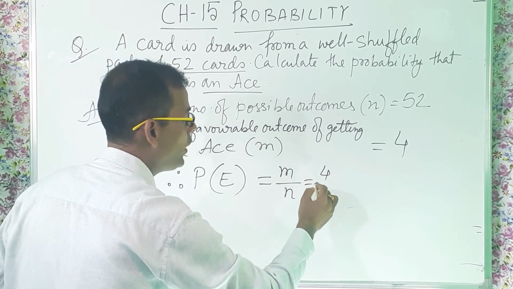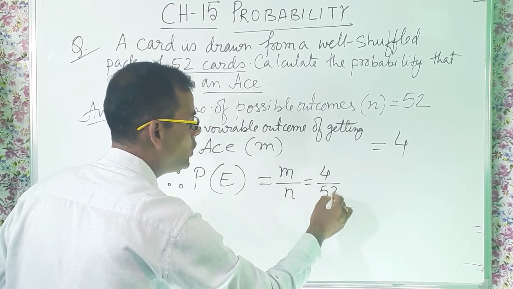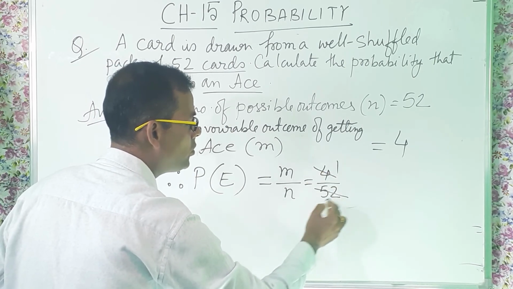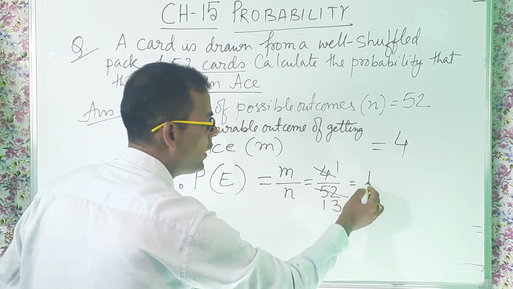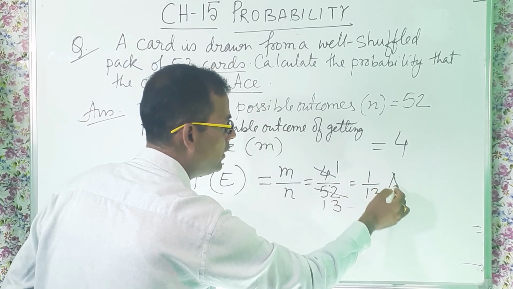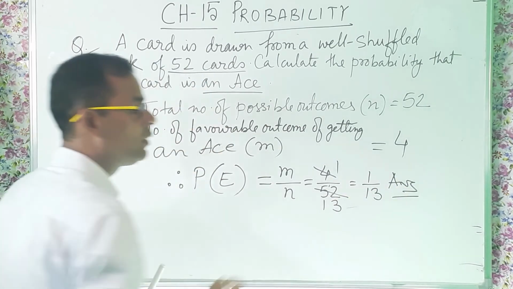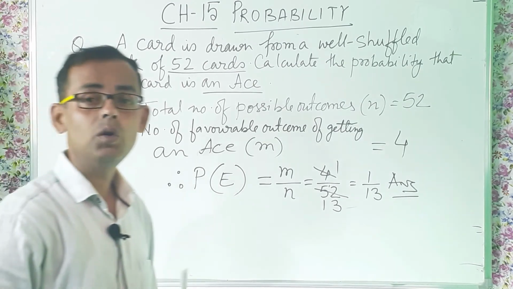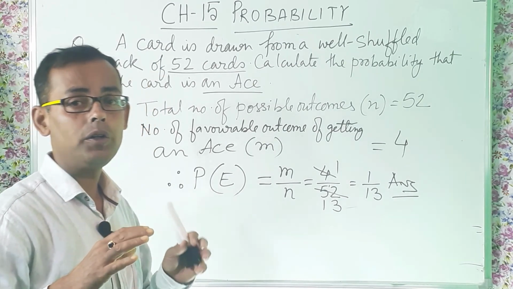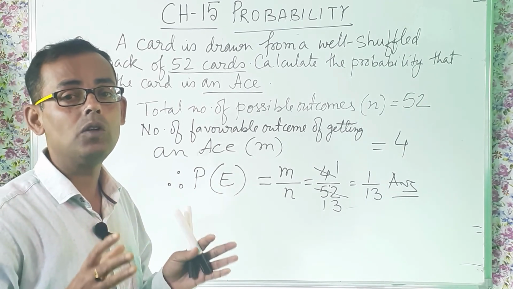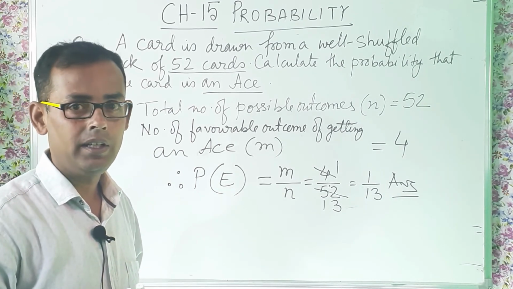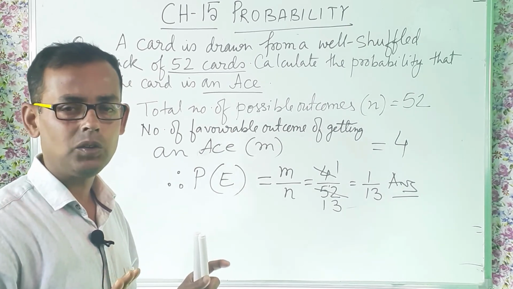So this is 4 and this is 52. 4 ones are 4, 4 ones are 4, 4 threes are 12. So what you get? 1 by 13. Answer. Now you are slowly having an idea of how to solve the probability sums. In class 10 it is very easy.